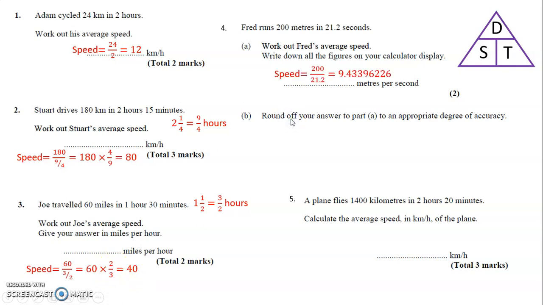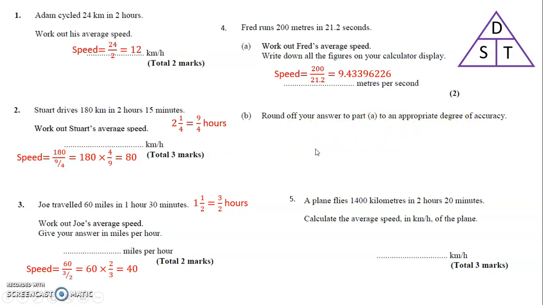Right, then Fred, we've got metres per second as our units for speed here, and we've got metres and seconds. This is a calculator question. So first of all, you do this calculation and you write down all the figures on your calculator display, and then it says round off to an appropriate degree of accuracy.